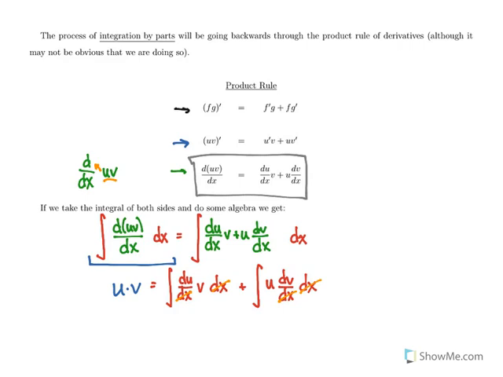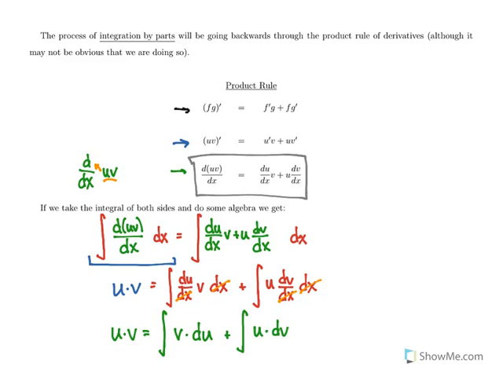The reason we didn't do that on the left-hand side is because we have this nice rule that we can cancel out the derivative. But since we're multiplying things here, we can't easily do that. Finally, we can rewrite this as u times v on the left is going to be equal to the integral of v du plus the integral of u dv.